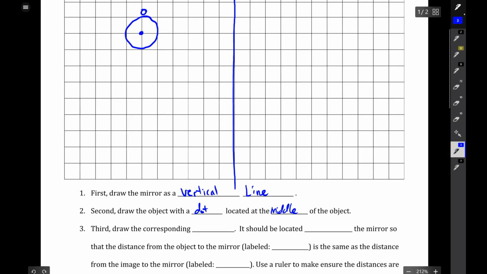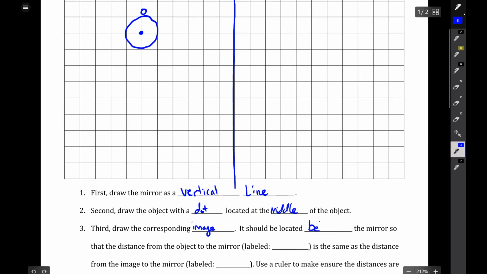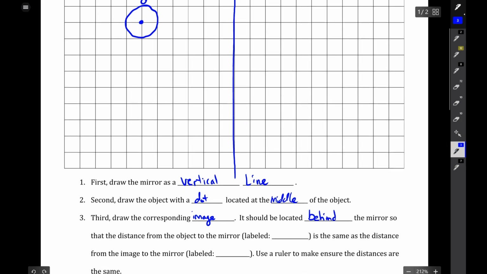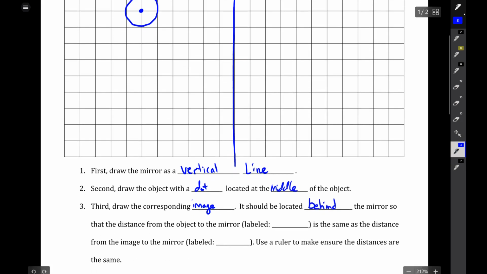Then what we need to do is draw the corresponding image. Now, the image always must be located behind the mirror, and not just behind the mirror, but in a very special way, so that the distance from the object to the mirror, which we call DO, is the same as the distance from the image to the mirror, what we call DI. The only key thing, though, that we need to note is that DI will be negative.